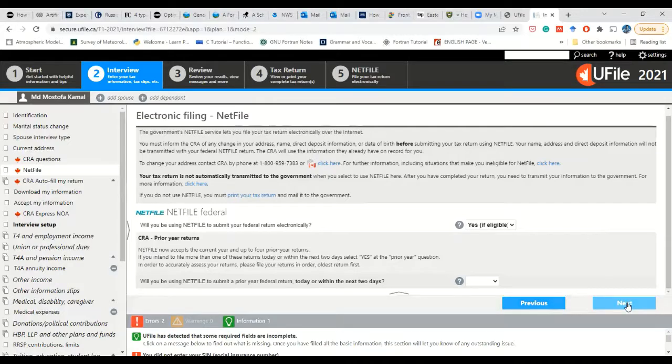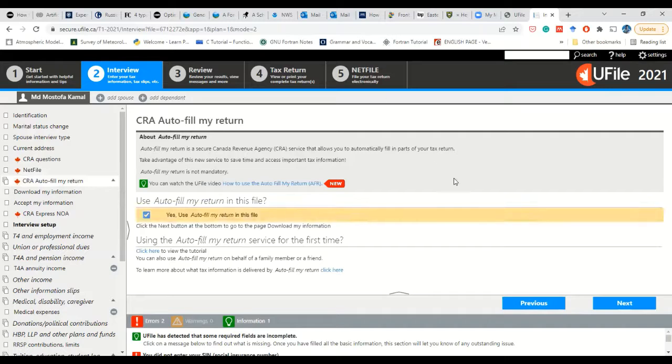Okay. So next is the CRA Autofill my return. When we receive our income as T4A or T4, the Canada Revenue Agency already has some information about us, because we get paid corresponding to our social insurance number.